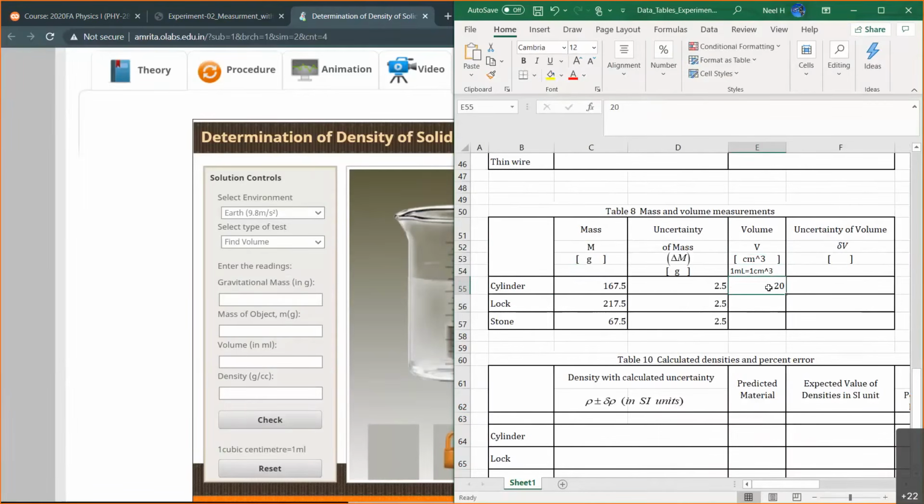The unit conversion is very straightforward. Because of that, I'm going to use the unit centimeter cube directly without converting anything else at this point, because when we read, we like to report it as it is what we're reading.